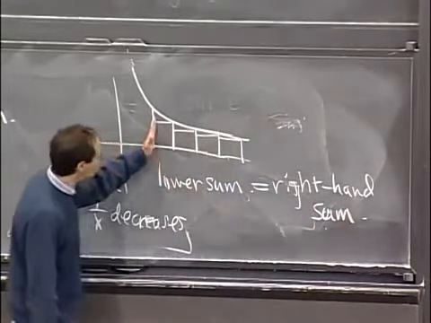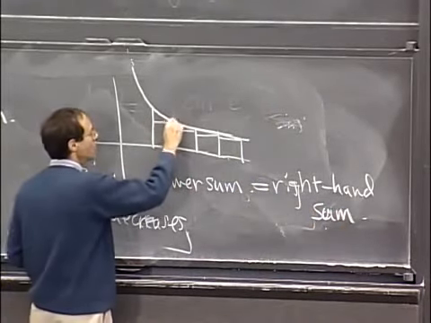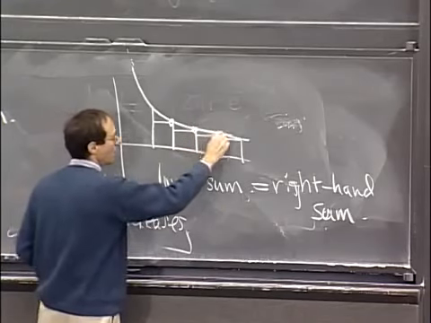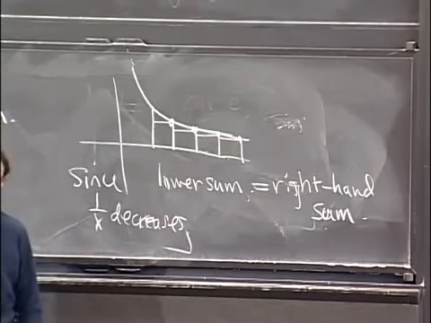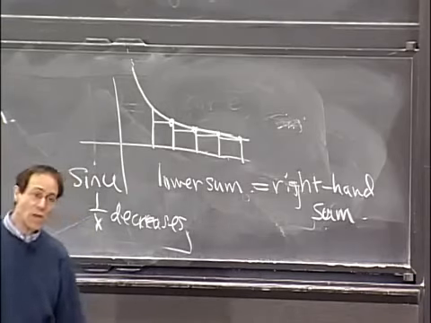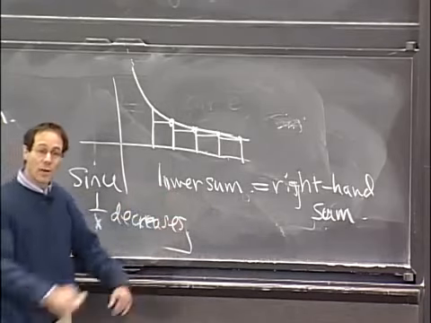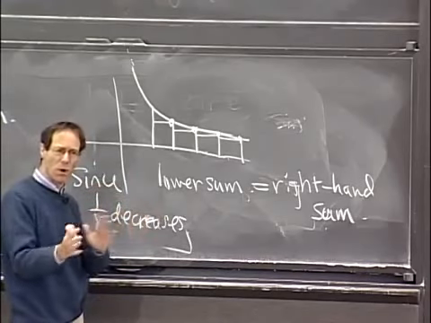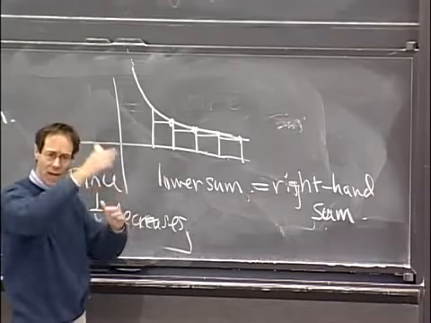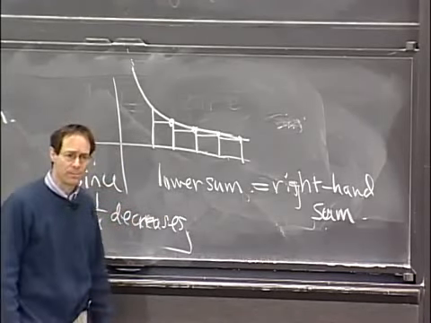You can see that visually on this picture. The values you're going to select are going to be the right ends of the rectangles. The upper sum is the left one. Now, if the function wiggles up and down, then you have to pick whichever side is appropriate, or maybe it'll be a point in the middle if the maximum is achieved in the middle.